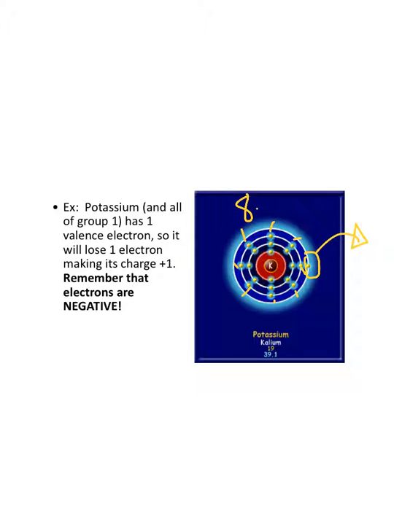Aha! 8 electrons. That's what it wants. It wants 8 electrons in its outer energy level. So once it loses this guy right here, it's going to become happy and stable. So it loses an electron, protons outnumber the electrons by 1, so the potassium gets a 1+ charge because electrons are negative and we lost 1.